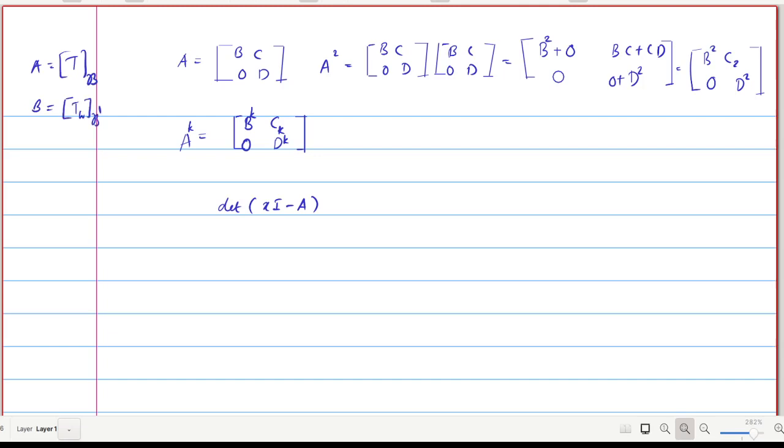So to evaluate the characteristic polynomial of T, you write the determinant of xI minus T, that is the same as the determinant of xI minus A.